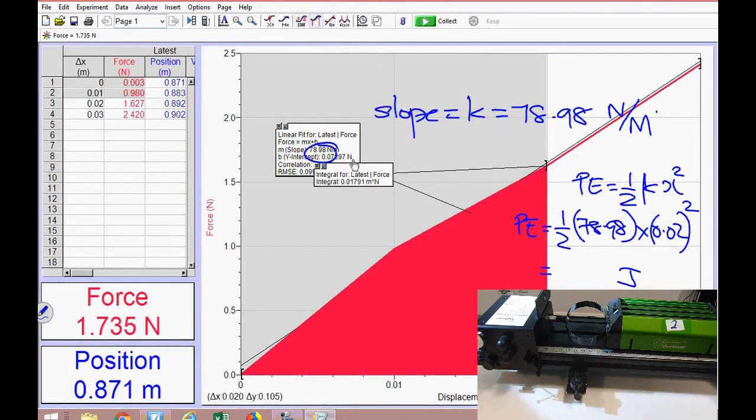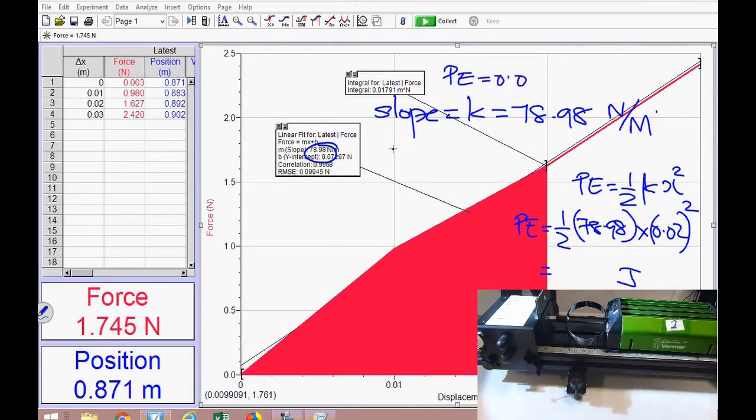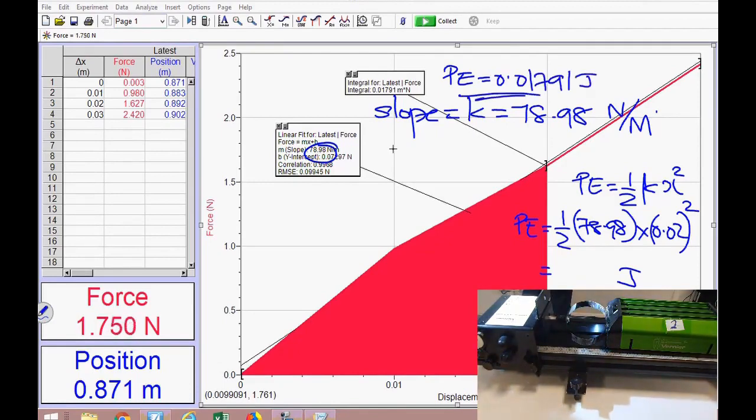This is the integration option, and I'm going to integrate over that. And here I am getting the area under the graph. It is shaded, and the area is 0.0179 meter Newton or Newton meter, whatever it is. So the potential energy we get from the graph area is 0.01791 joule, and definitely these two will be the same.